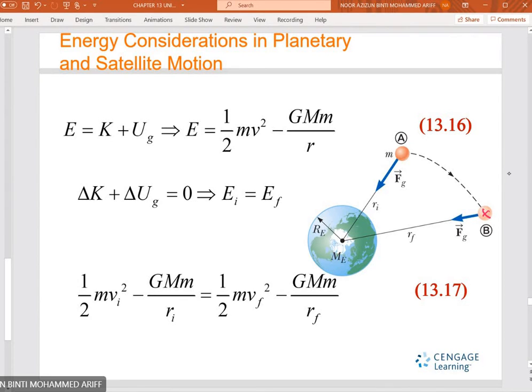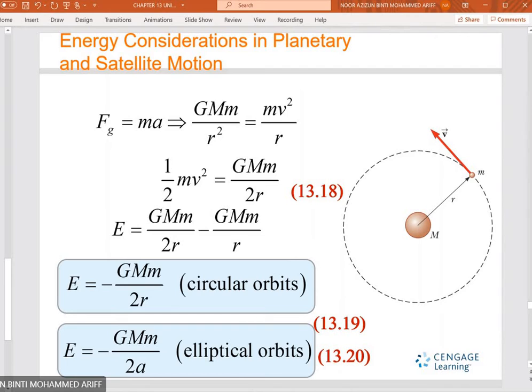So with respect to the mechanical energy, delta K plus delta UG, we need to indicate the initial and final energy. So we group it in terms of their stage: initial with initial, final with final.